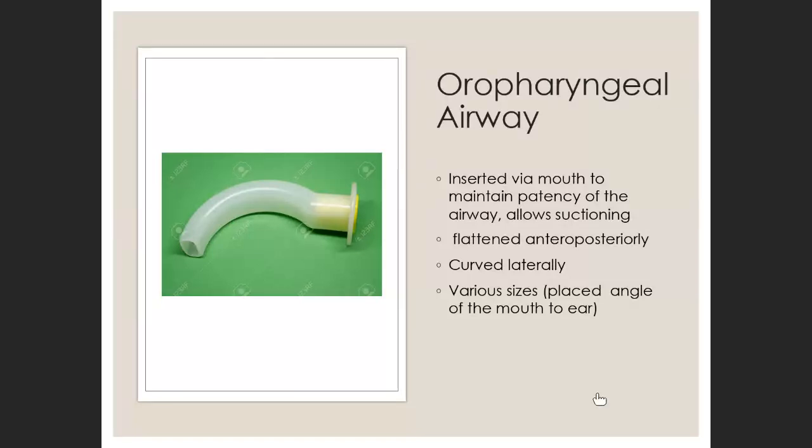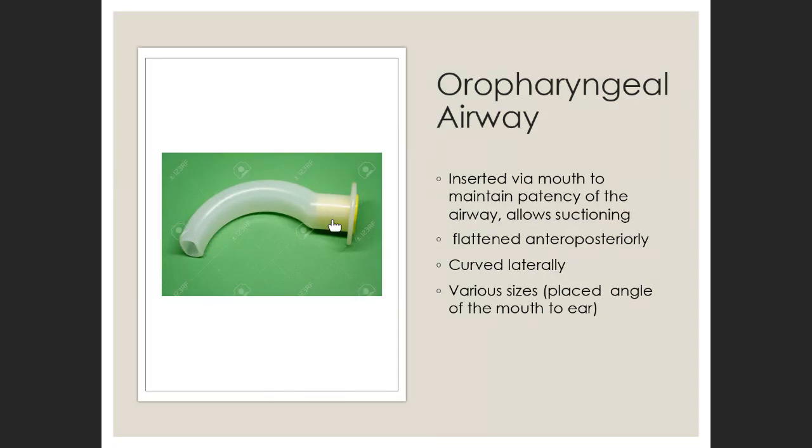Oropharyngeal airway, you would have seen it in BLS. It's inserted to maintain patency. It's put in through the mouth, over the tongue. It's put in upside down in an adult and then turned around when it reaches the oropharynx.